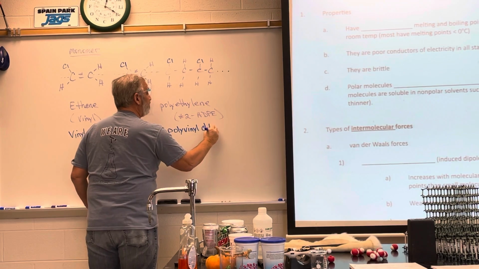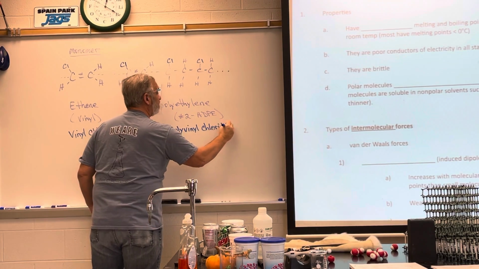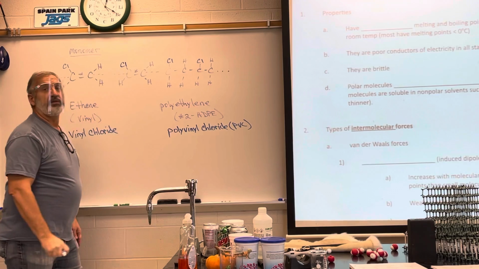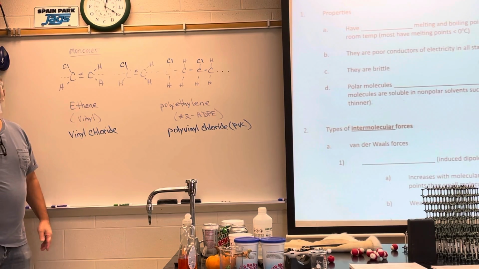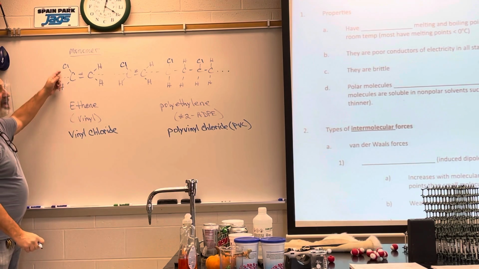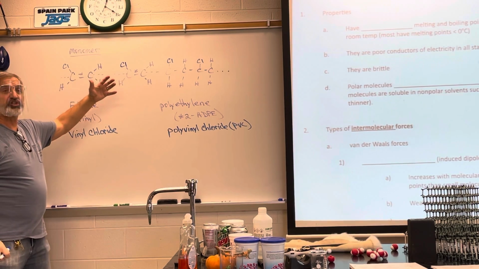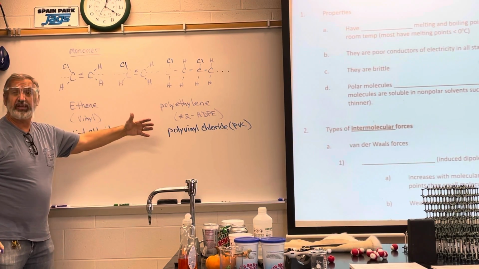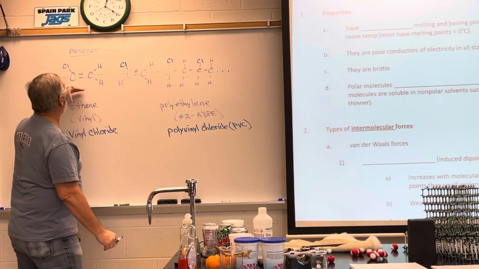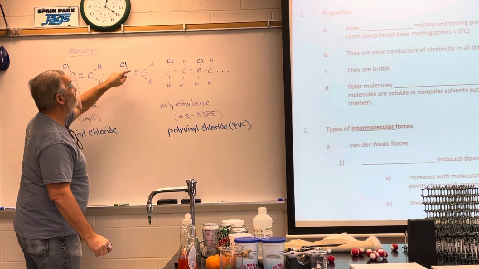You've heard of this, but you may have heard of it with the abbreviation PVC. The white pipes, the PVC pipes, are polyvinyl chloride. The chlorine adds extra strength and extra hardness to the plastic, and so they can make a PVC pipe out of it. It's just a long hydrocarbon chain, but every other carbon has a chlorine.